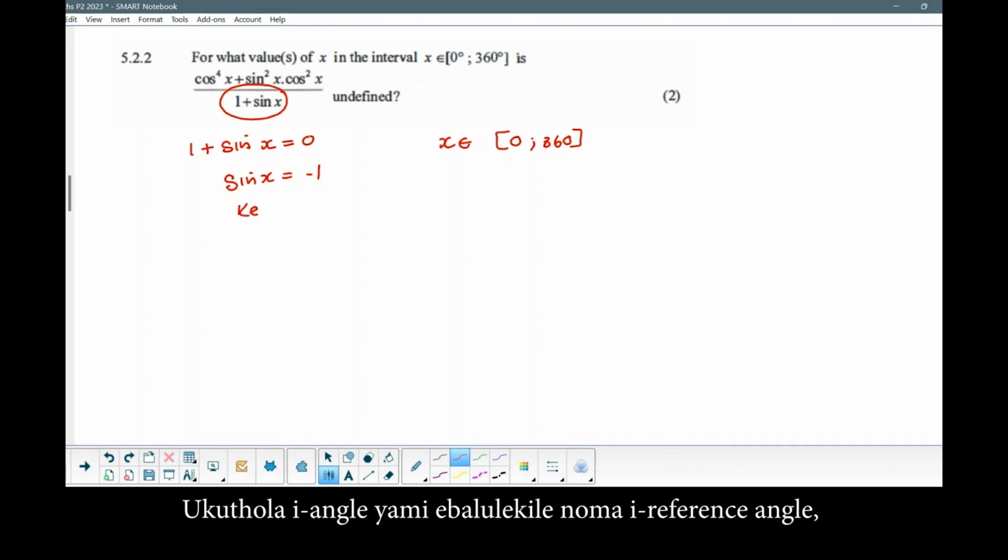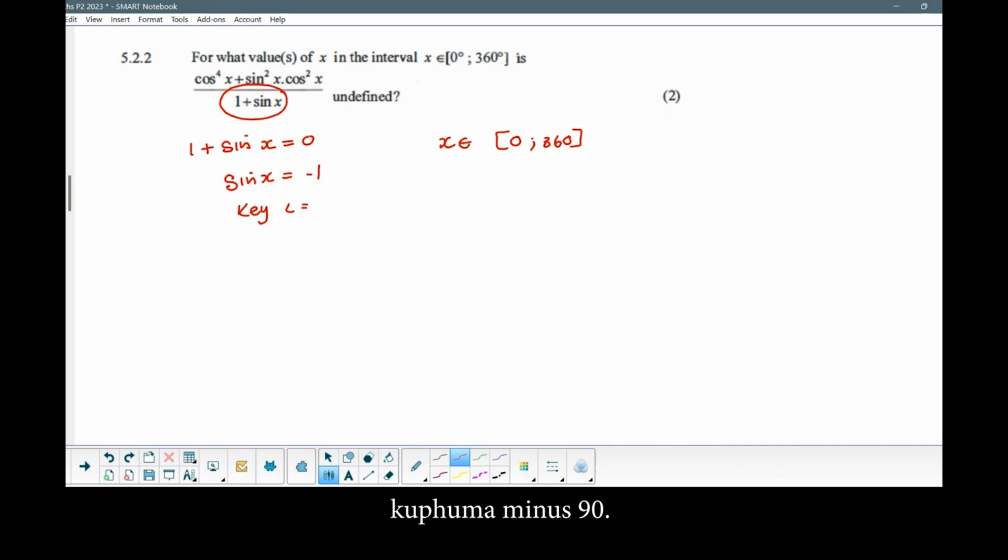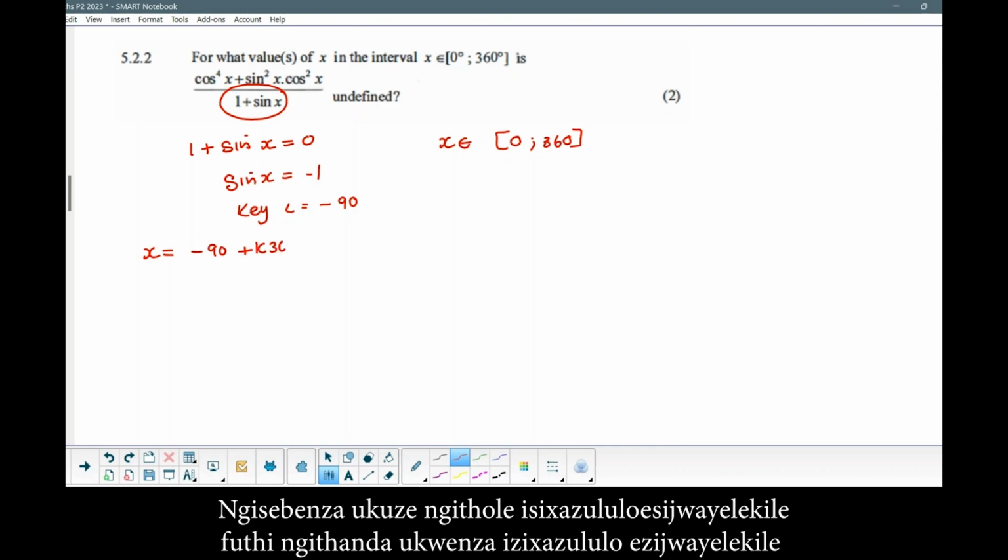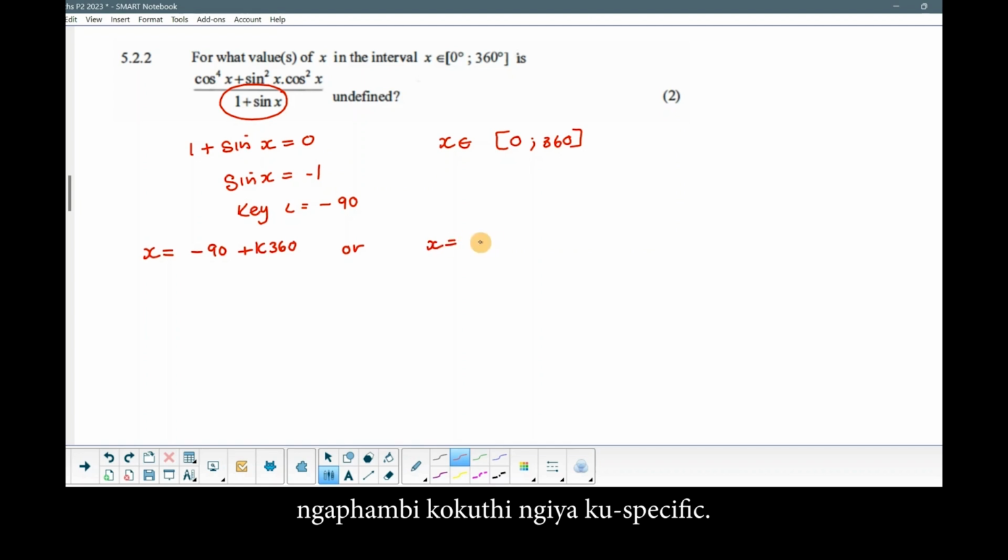Finding my key angle or my reference angle, I end up with negative 90. So what are my terms going to be? Well, x is equal to negative 90 plus k360 if I'm working out general solutions. And I like to do my general solutions before I go to specific.